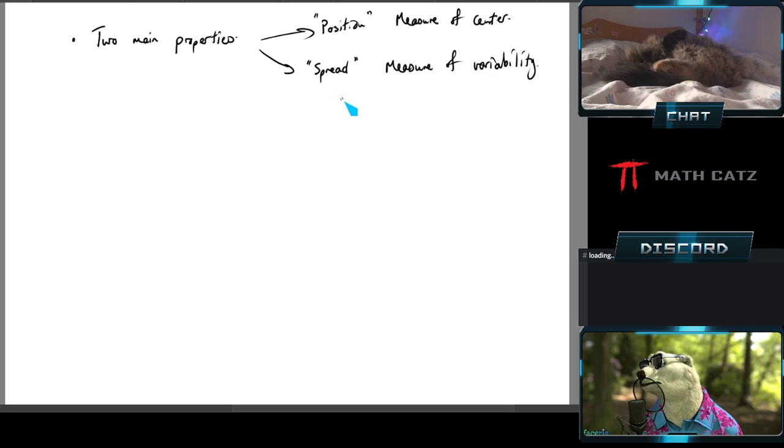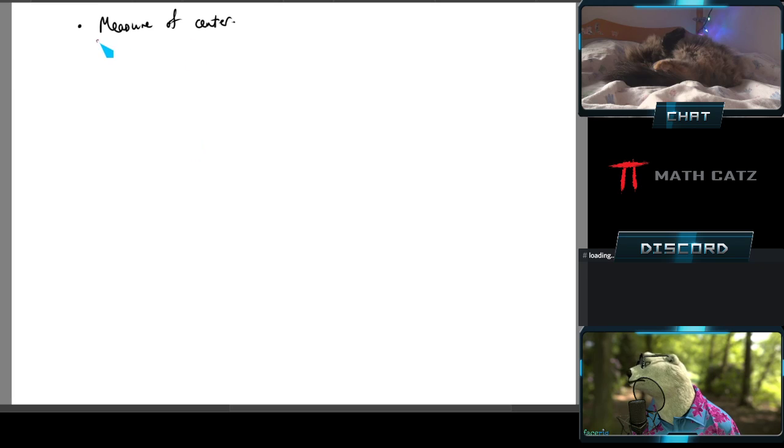Spread, right? So first up, we want to see how we can measure this concept of center or position. Let's put a squiggly line under it. Well, first up, we could just take the scores and average them.